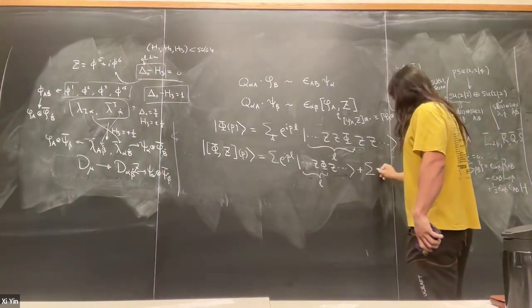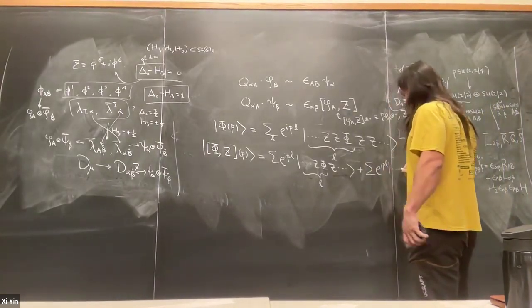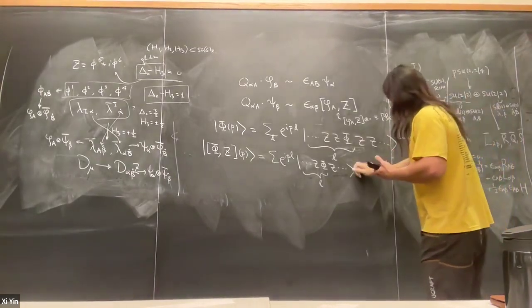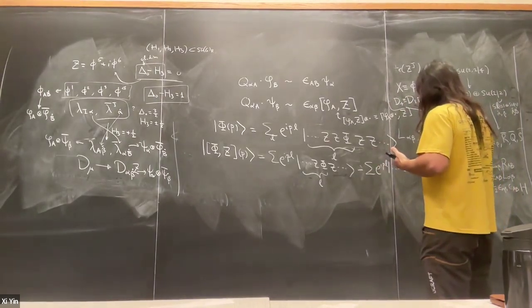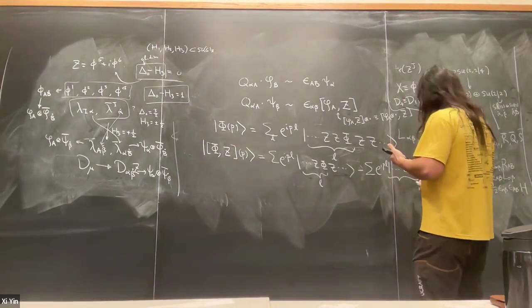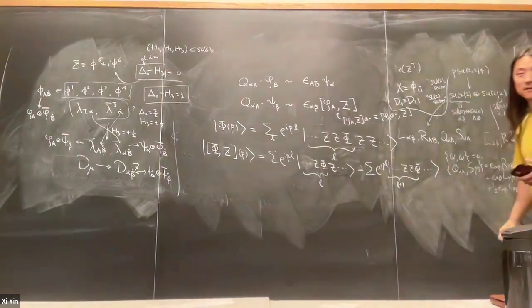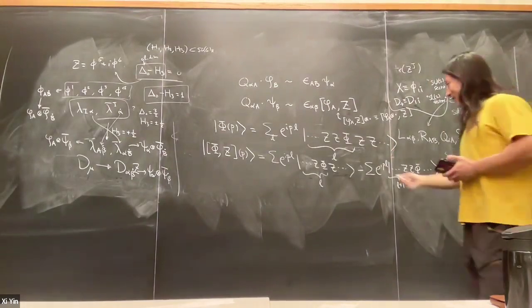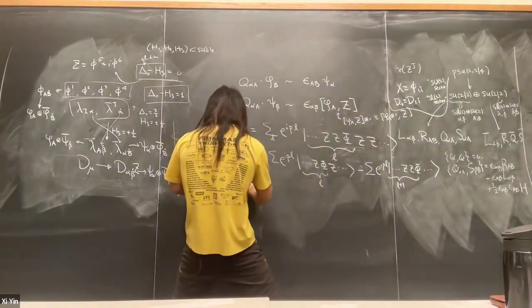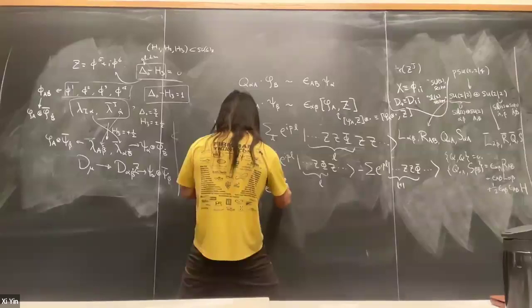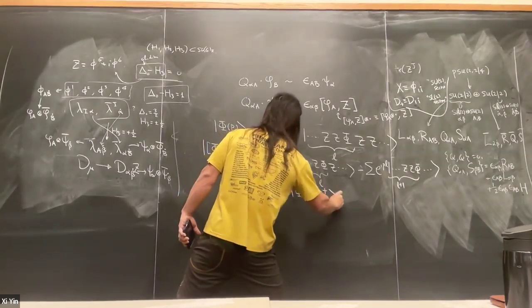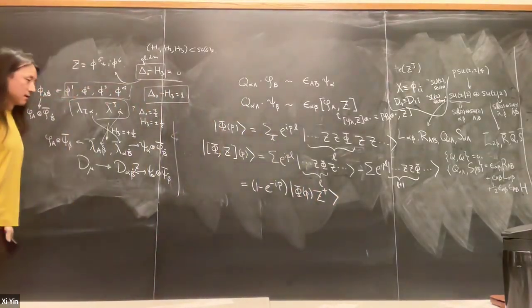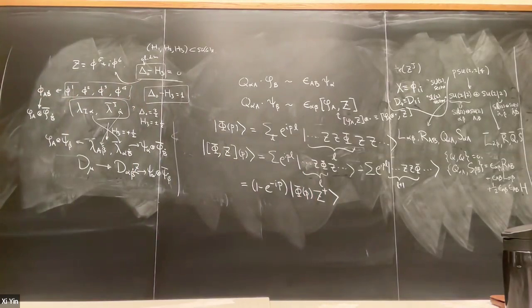And the other sum of e to the iPL gives minus the commutator, z phi, so now this is L plus one. Now you can group these two terms together. This is equal to 1 minus e to the minus iP, times phi z plus, standard notation in this context. Z plus just means that I keep track of the fact that I'm inserting an extra z on the right-hand side.